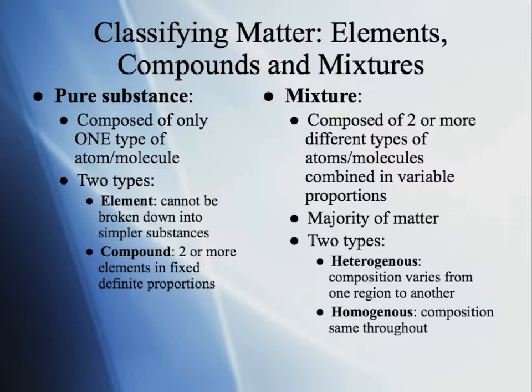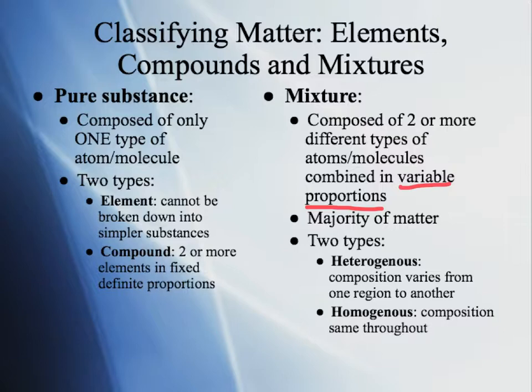Now, on the other hand, if it's not a pure substance, it's what we call a mixture. A mixture is composed of two or more different types of atoms or molecules combined in variable proportions. That is kind of key. A mixture is not really constant. A mixture could be salt water, like the ocean.